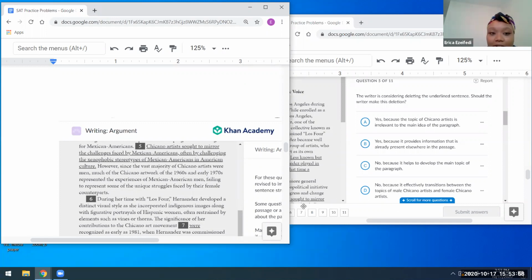And the deletion it's referring to is number 5. Chicano artists sought to mirror the challenges faced by Mexican Americans, often by challenging the xenophobic stereotypes of Mexican Americans in American culture. So I'll give you guys a second to tell me what you think the answer is to number 5. And it's okay if you didn't have enough time to answer it when we paused. You can try to answer it now if you want, or you can wait. So we have a C. Someone's saying C is the correct answer.